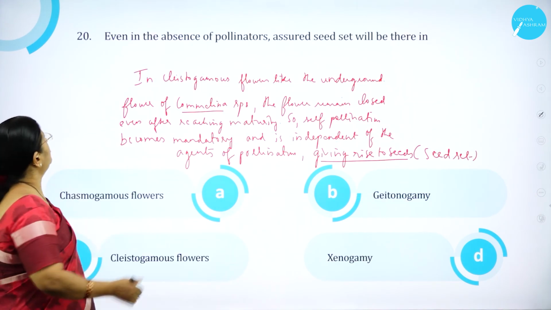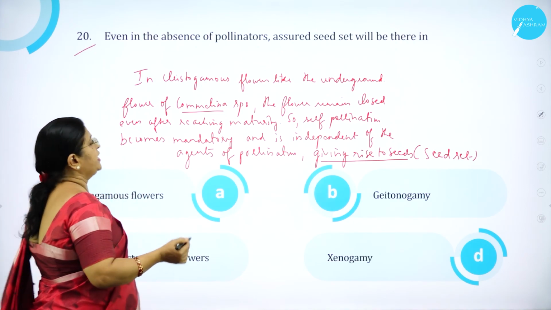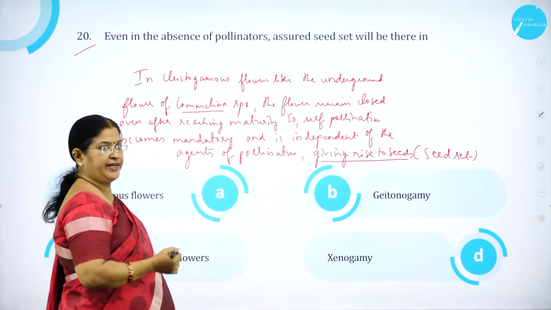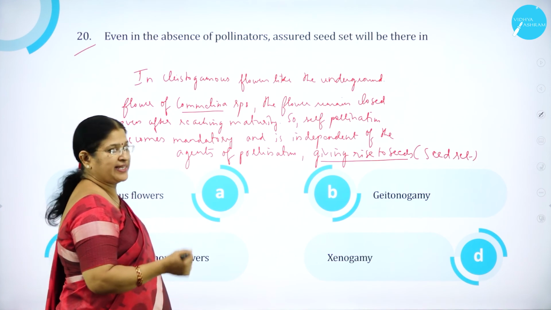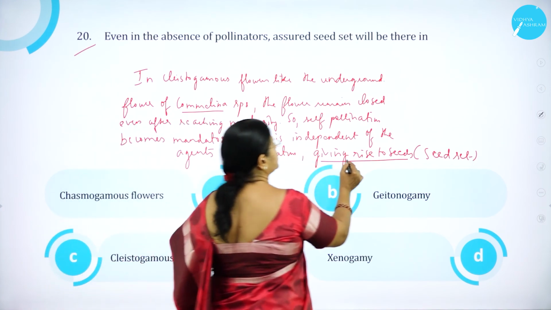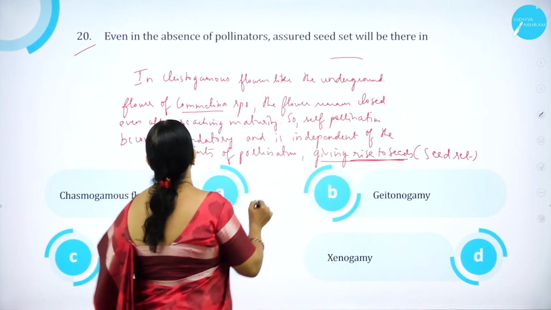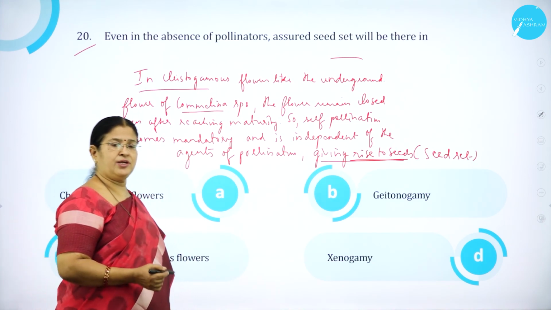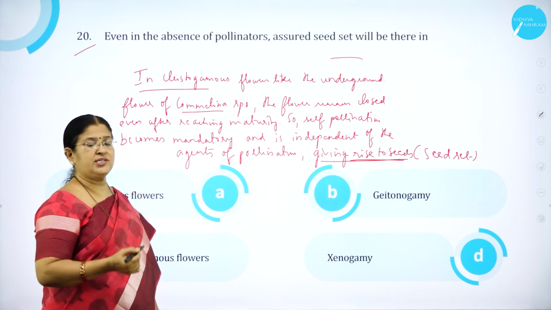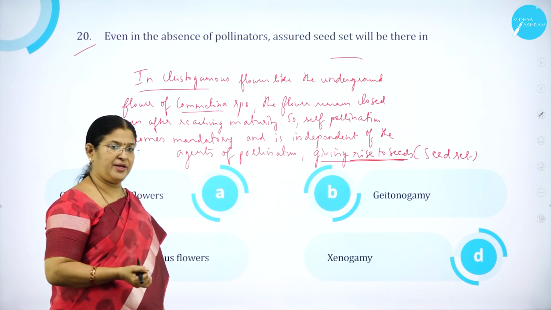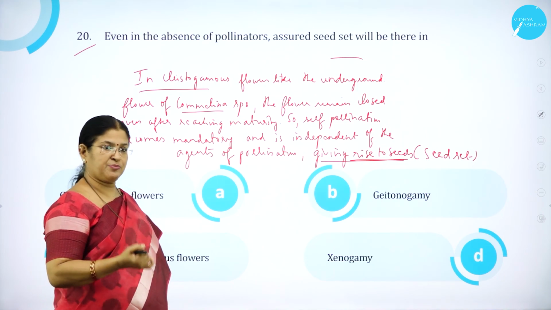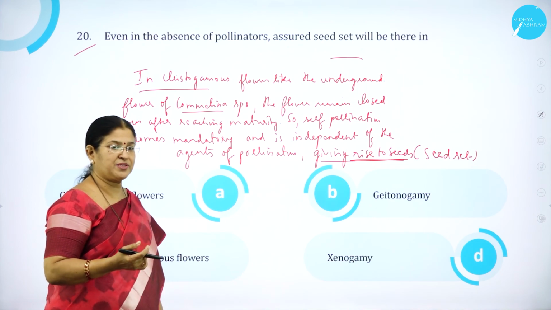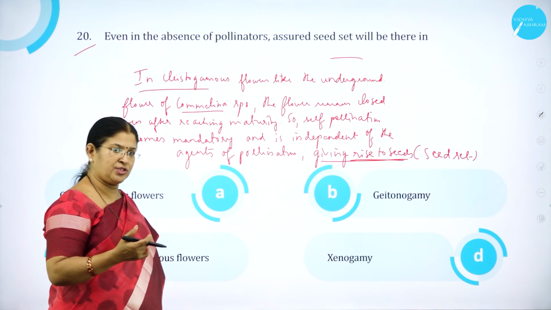Moving on to question number 20. Even in the absence of pollinators, assured seed set. Seed set means what? Giving rise to seeds will be there in cleistogamous flowers. I think all of you know these are the conditions for autogamy. Cleistogamy, then cleistogamous flower, chasmogamous flower, where in the chasmogamous flower the anther and the stigma should lie closer to each other.